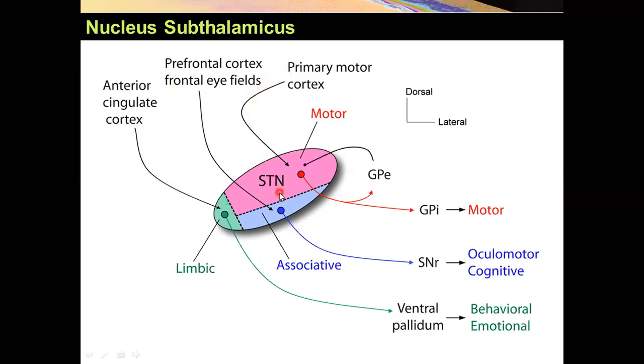But the subthalamic nucleus projects to, or sends its efferents to, GPE, to GPI for motor functions, to SNR for oculomotor cognition, and to the ventral pallidum for behavioral and emotional activities.